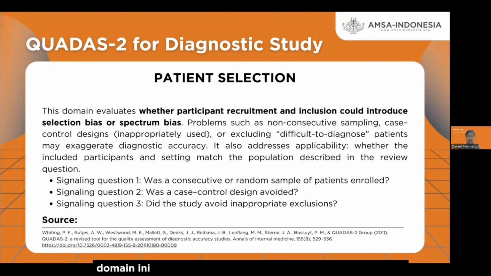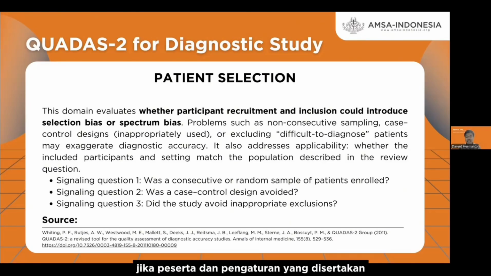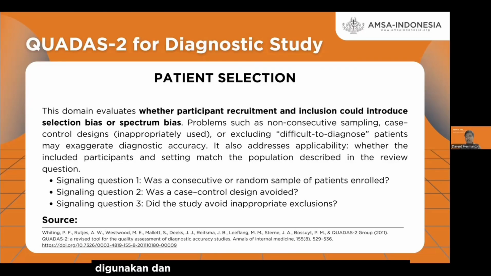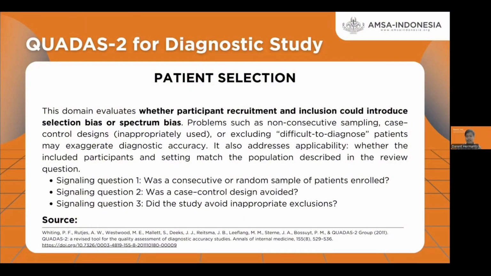This domain also considers applicability, checking if the included participant and setting truly match the population described in your review question. Key signaling questions include whether a random or consecutive sample was used and if inappropriate exclusion were avoided.